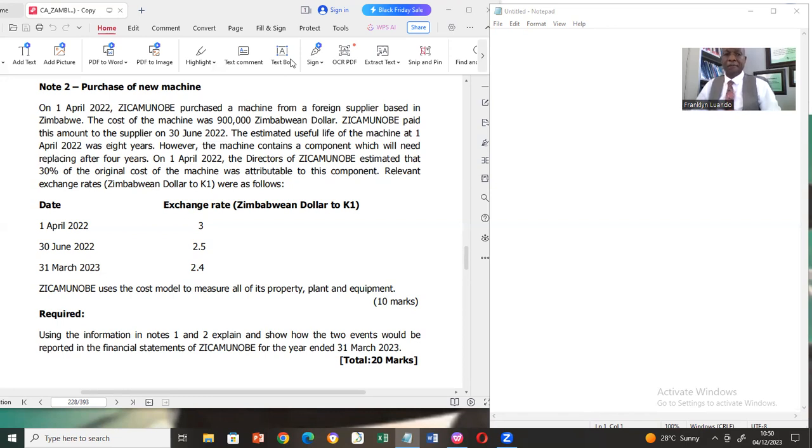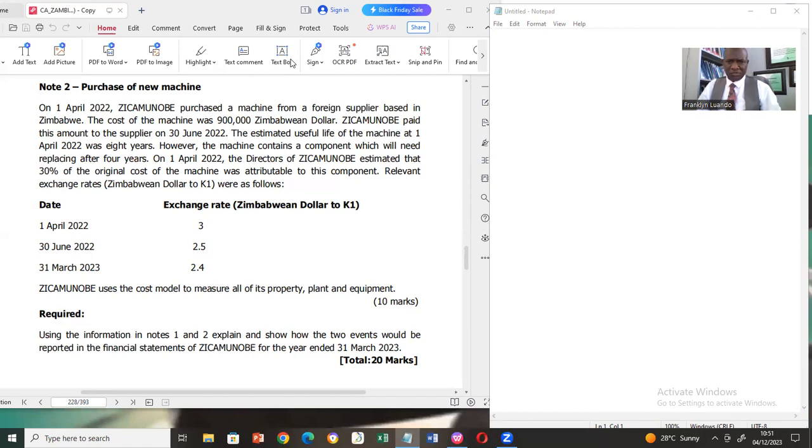So now, let's look at this question. On 1 April 2022, ZICA Munobe purchased a machine from a foreign supplier based in Zimbabwe. The cost of the machine was 900,000 Zimbabwean dollars. ZICA Munobe paid this amount to the supplier on 30th June 2022. That is the settlement date.